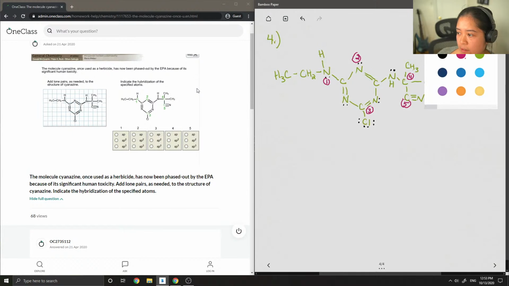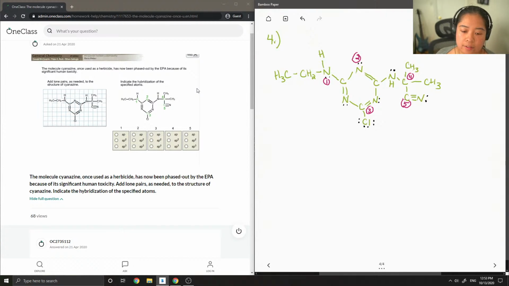So next I'm just going to write down a way that I try to remember different hybridizations. For this question, I'm just going to write down the 3 that we're looking at: sp3, sp2, and sp. So with sp3 hybridization, your atom is connected to 4 charge clouds.